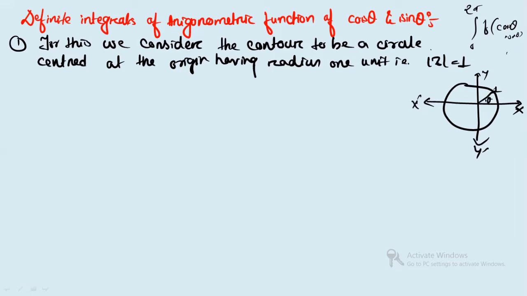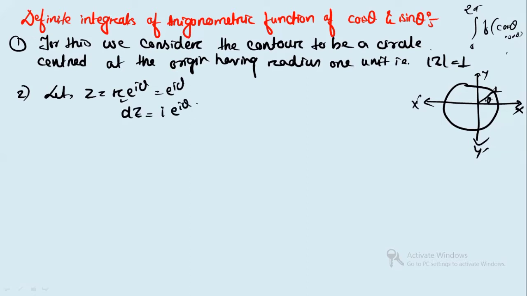All right, now you see, the second thing you have to do is put z equal to r e to the power i theta. R is 1 in this case, so it will be just e to the power i theta. Now on differentiating, you will get dz equals i e to the power i theta d theta.